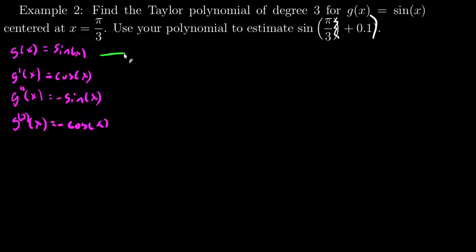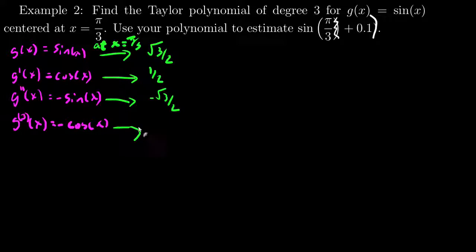Okay, now I evaluate each of these at x equals pi over 3. So the sine of pi over 3 is root 3 over 2. The cosine of pi over 3 is 1/2. The negative sine is negative root 3 over 2. The negative cosine is negative 1/2.